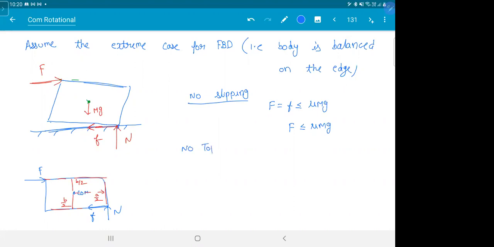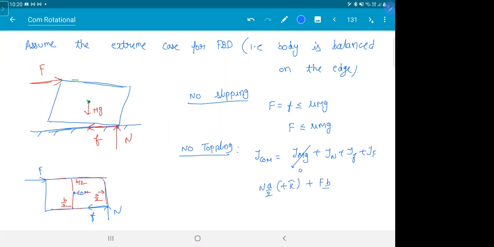You don't want any toppling. If you take torque about the center of mass, you'll get torque due to mg, torque due to N, torque due to friction, torque due to F. So mg's torque is 0. N's torque is N into a by 2 plus k cap.